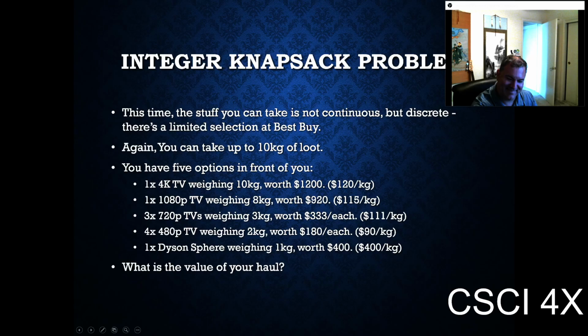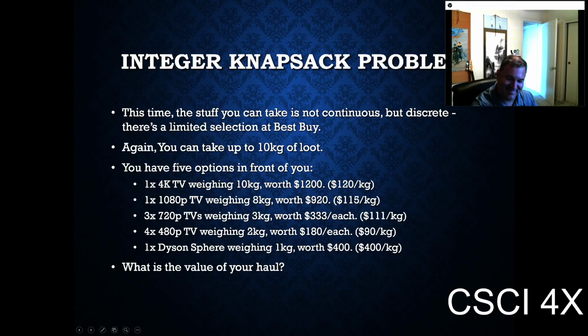And then there's other options, but you can't just go down the line and take the most expensive stuff, as it turns out, because you actually will not get the optimal result if you do that. If you just say I'm going to take the most expensive thing available, and then take the next most expensive per kilogram thing available, you can actually get stuck and not have the most valuable combination. So it gets a little bit more tricky. And by a little bit, I mean a lot more tricky.